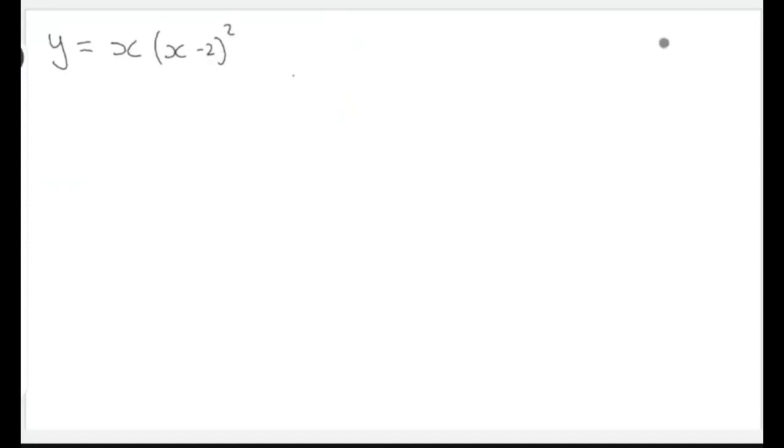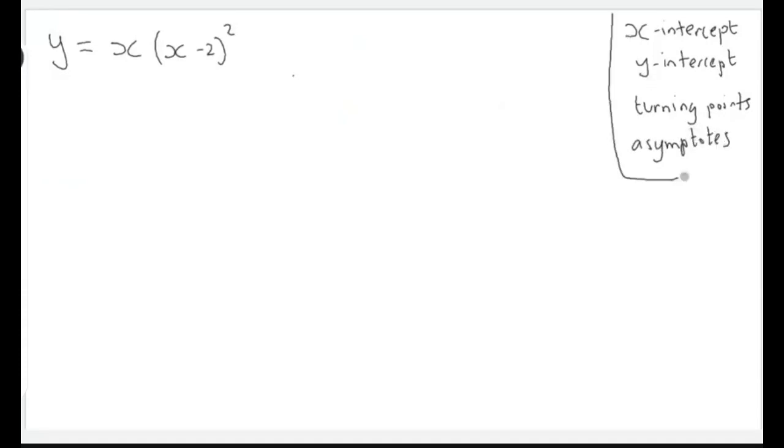So again, before sketching this one, determine all the four things that we talked about: x-intercept, y-intercept, turning points, and asymptotes, if any. Determine those things before you draw the graph. So I'll let you have a chance to think about that.